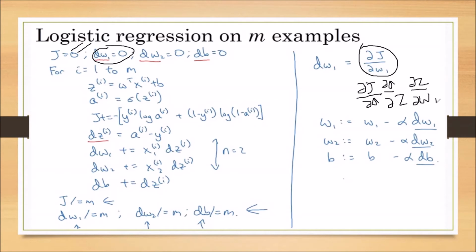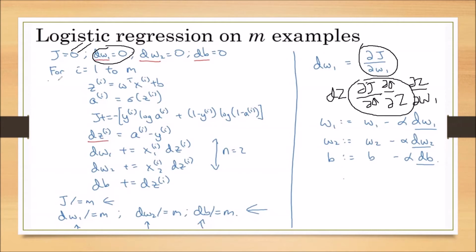This is how we calculated the value of dou J by dou a into dou a by dou z, and we have calculated that value as a minus y. So we are calling this dz. Whenever we are calculating dw1, it is the product of a minus y into x1, where a minus y is taken as dz. If you remember that equation, the programming will be easy for you.